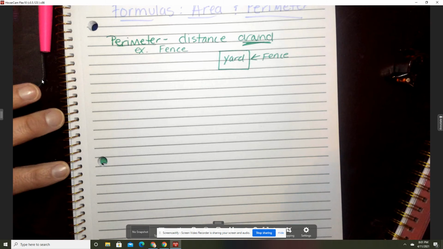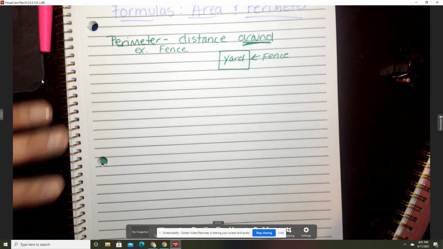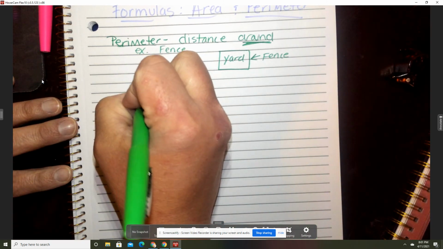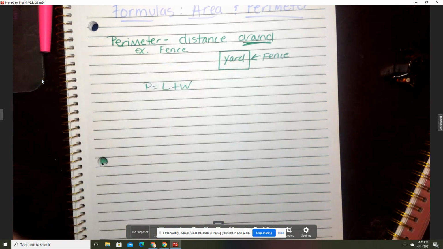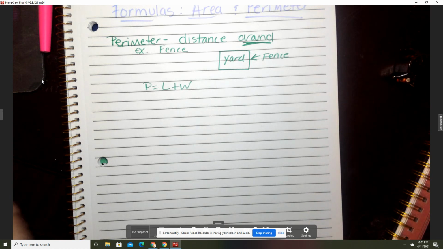So the formula for perimeter is just to add all of the sides. I always like to just say P equals L plus W. You're going to have to write your formulas each time. That's good practice because you are going to have 3 different formulas that you have to know. Putting length plus width will help you in the long run.